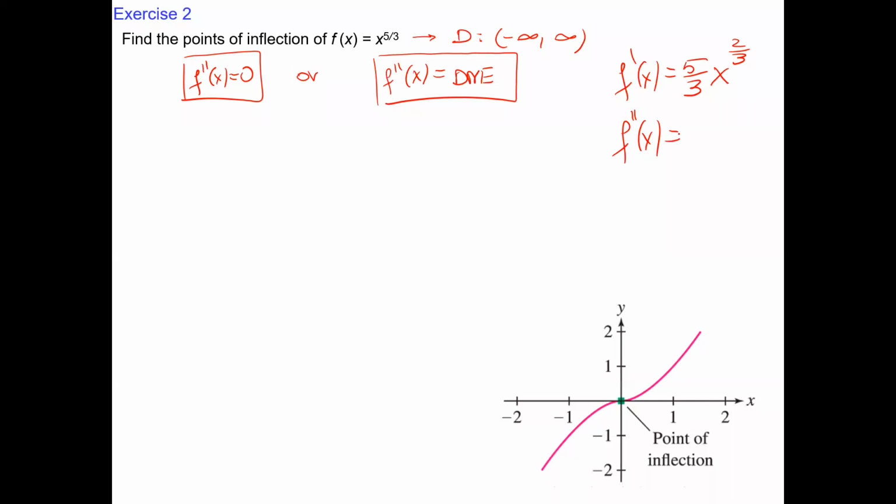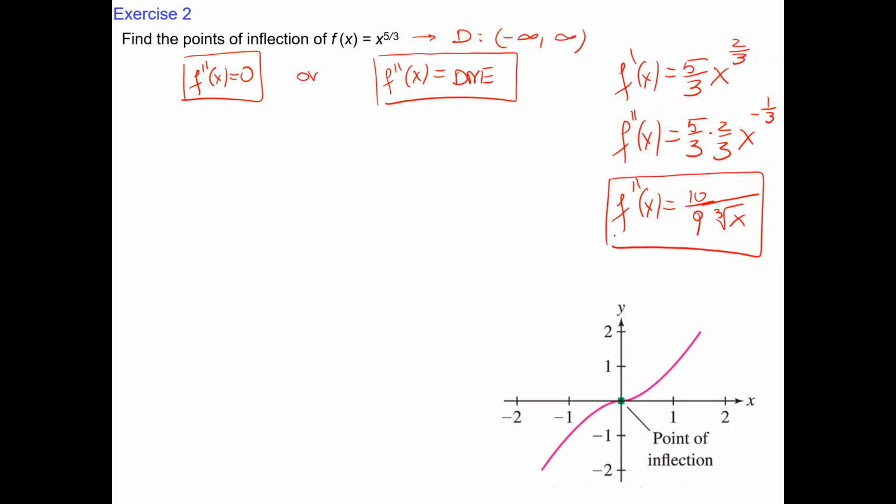Okay, I will keep differentiating. Let's differentiate one more time. 5/3 times 2/3 and x to the power of -1/3. Let's rewrite a little bit. This will be 10/9, and x to the -1/3 is a cube root of x in the denominator. Now let's see.